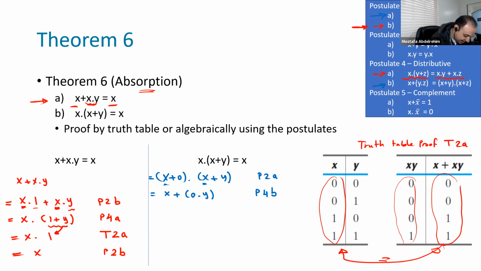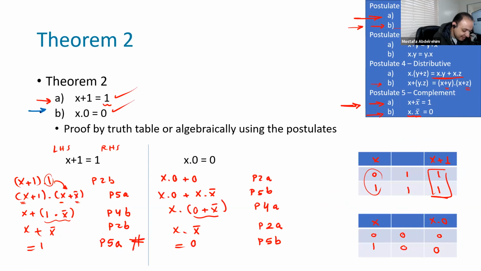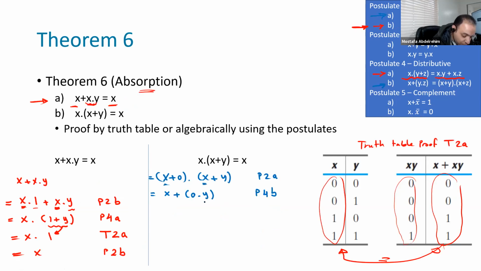Okay, so if we go back here to theorem 2, 0 ANDed with any variable will give you 0. So this is our case here. 0 ANDed with any variable will give you 0. So this is actually equal to x or 0. This is from theorem 2b, not postulate, theorem.